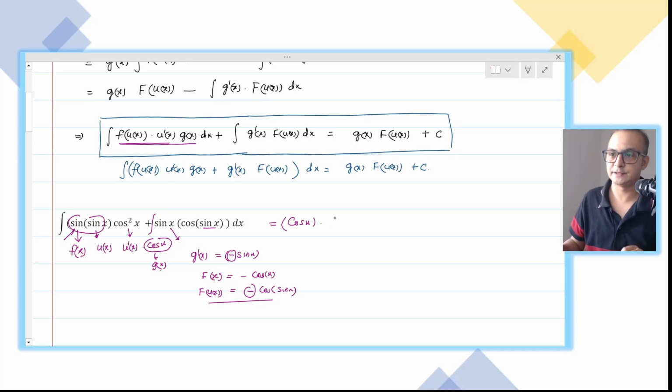So the integral of sine is minus cosine, and inside it I have to put sine, and this will be our answer with plus C. So in this way we can solve this question easily if you understand this structure, and believe me, this will be useful for many such complicated questions.